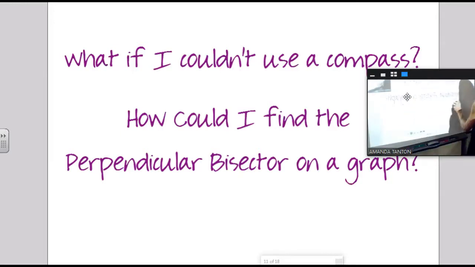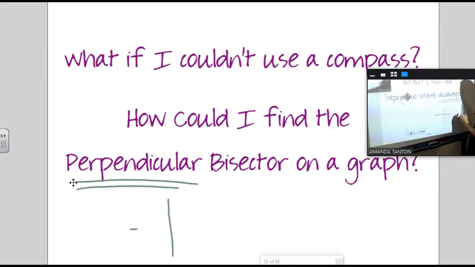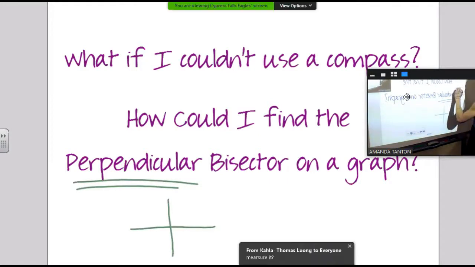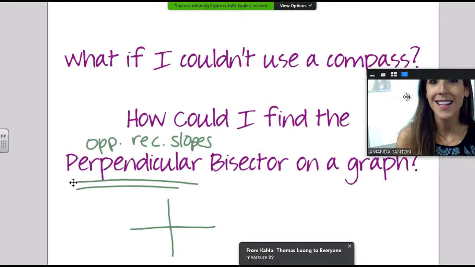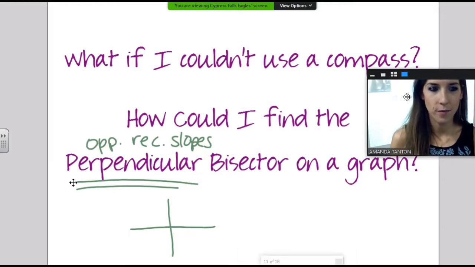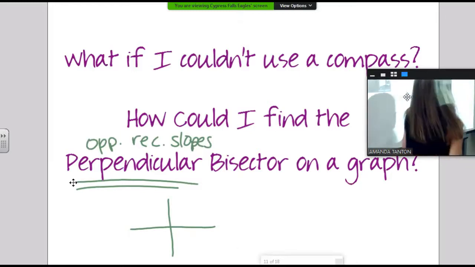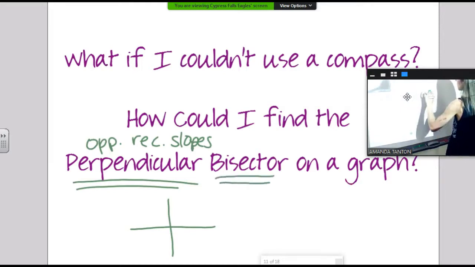So perpendicular, when we're talking about a graph, we learned that perpendicular really just means opposite reciprocal slopes. So, we could find the slope of our segment and calculate the opposite reciprocal. Bisector really means go through the middle.